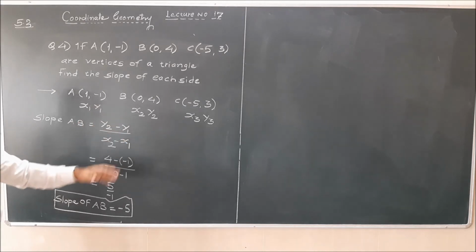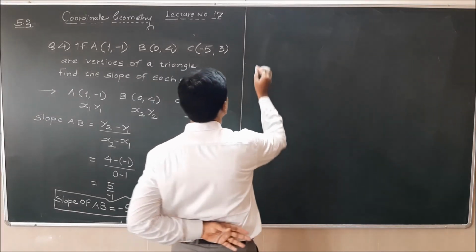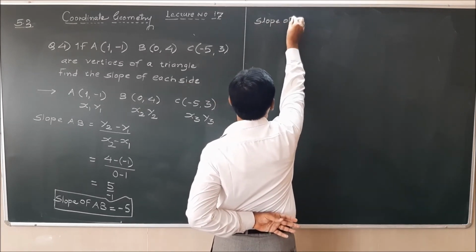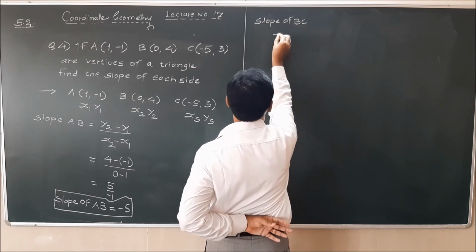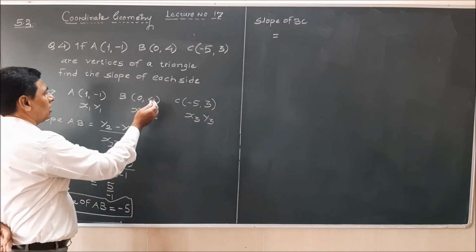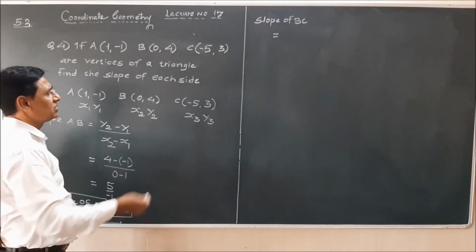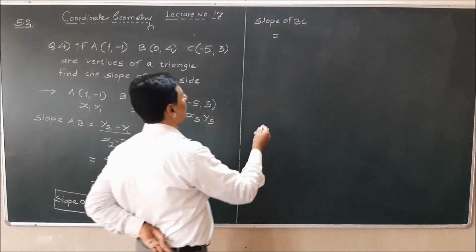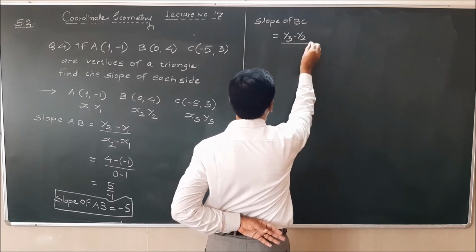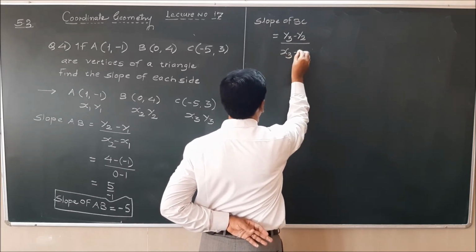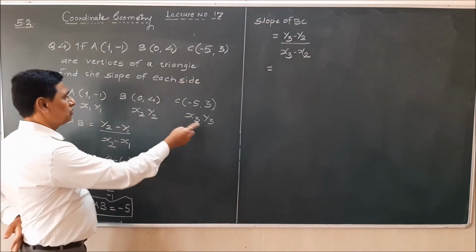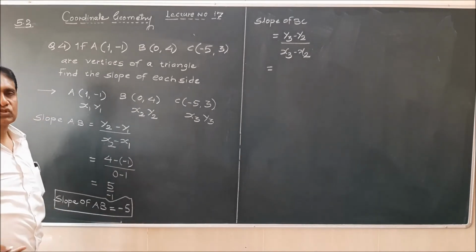Now let's find out slope of BC. So slope of BC is equal to, C is the second point, y3 minus y2 upon x3 minus x2.